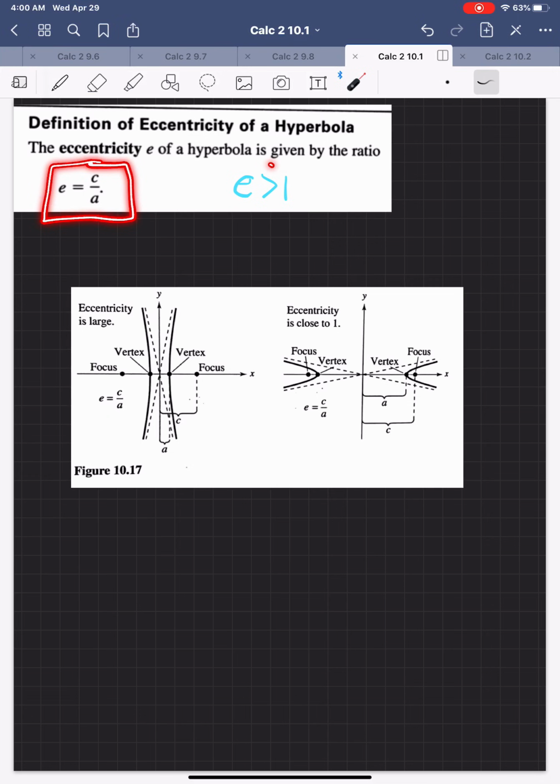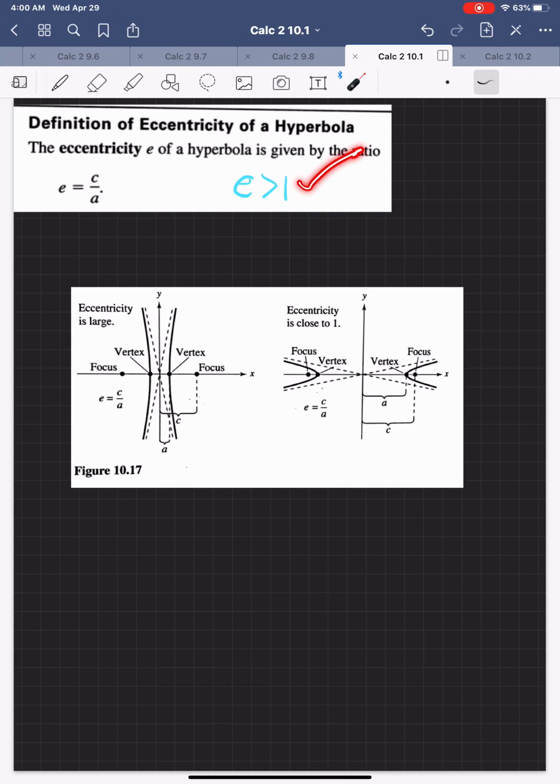Since C squared is equal to A squared plus B squared, don't you agree with me that C is always going to be greater than A? Does that make sense? So it just follows that the eccentricity is always going to be greater than 1.